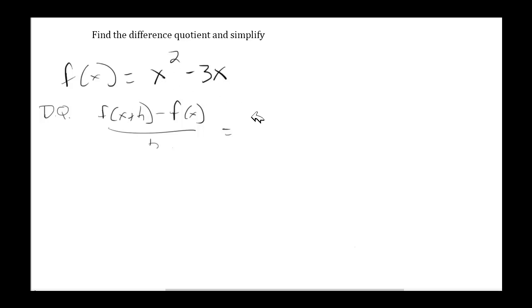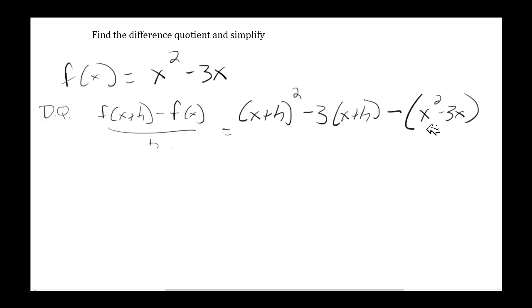I replace it with x plus h squared, and all x's get replaced by x plus h, minus. That is the whole function evaluated at x plus h. And now I subtract off the whole original function. Always do a parenthesis here. Got x squared minus 3x all divided by h.